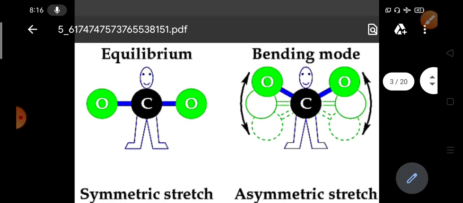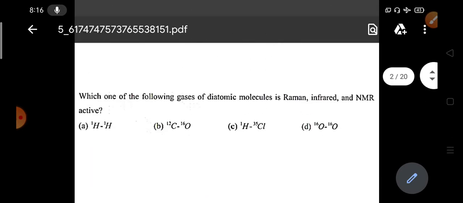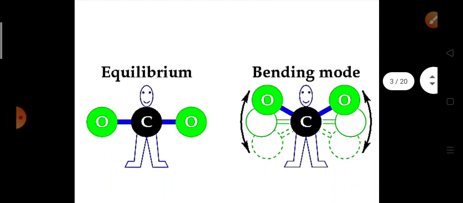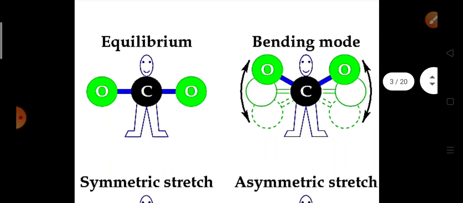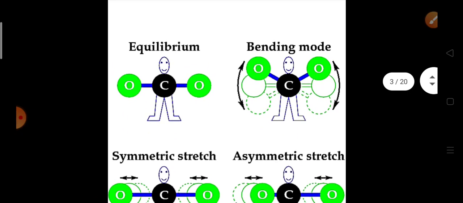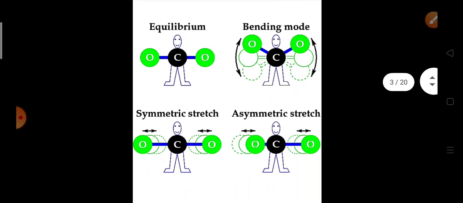Now the IR spectroscopy, that is the infrared active, because the vibrational energy levels give you the IR spectra, or the spectra which lie in the infrared region. What are the vibrational modes? Molecules have different vibrational modes.